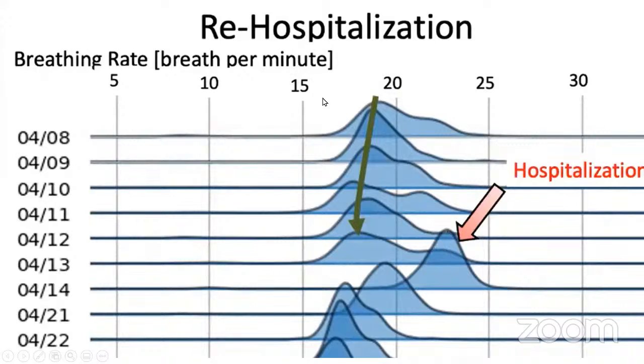So it means his heart is beating faster to get the same amount of oxygen. So it means he's suffering from breathing. He has a breathing problem. So he needs to be taken to the hospital. I don't need to wait for this person to have other symptoms of COVID.